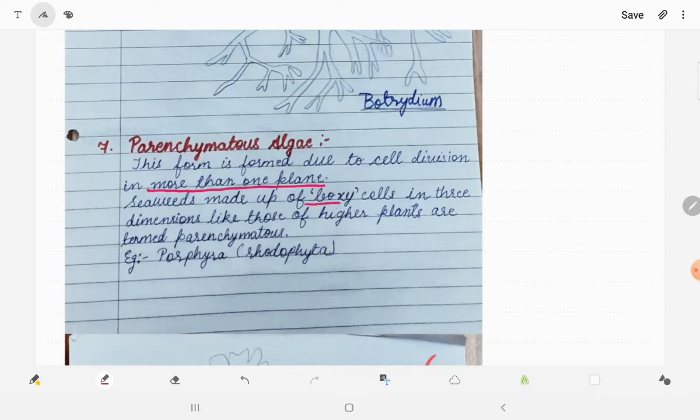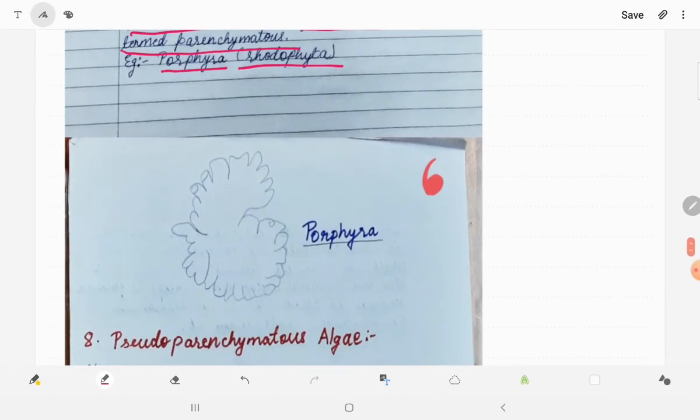They look like the higher plants. Example is Porphyra from Rhodophyta. You can see Porphyra. It looks like the leaf of a plant. So this is the parenchymatous multicellular algae.